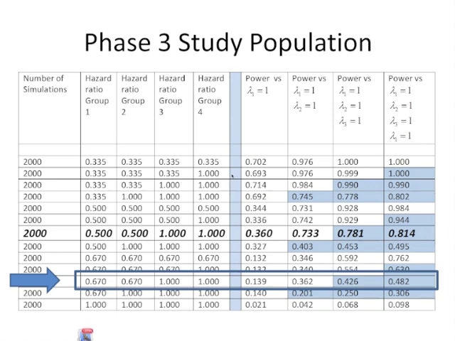On the other hand, the slide also shows that when there is low power, as when the hazard ratio is 0.670, a considerable portion of the overall power is made up of false positives from testing in subjects greater than the 25th percentile or testing in all subjects.